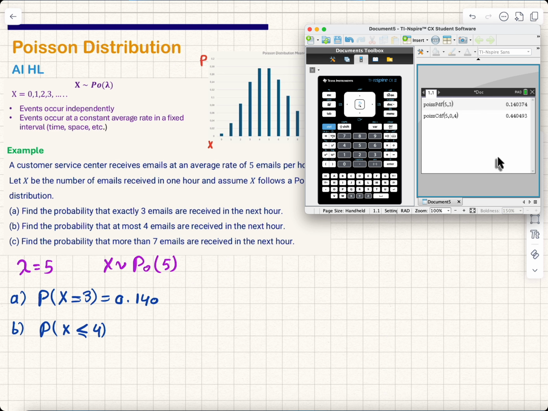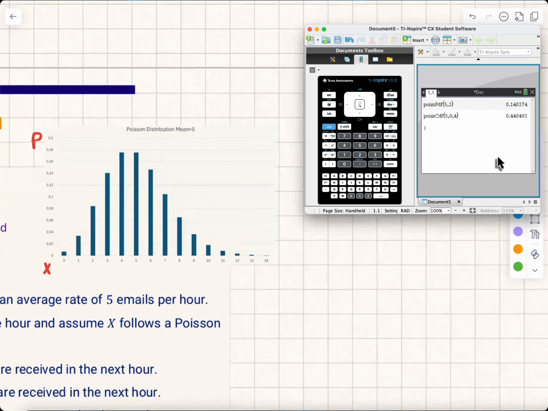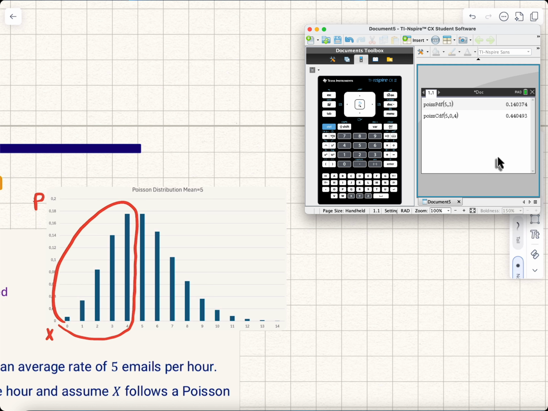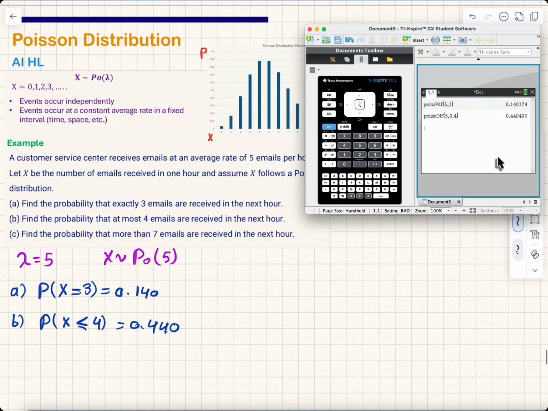Here, as you see, it will be 0.440 to 3 significant figures. Now here, what we calculated are the probabilities from 4 and less up to 0. So we calculated these probabilities combined: for the 4, which is nearly 0.18, and for the 3, and for the 2, and for the 1, combined and added.